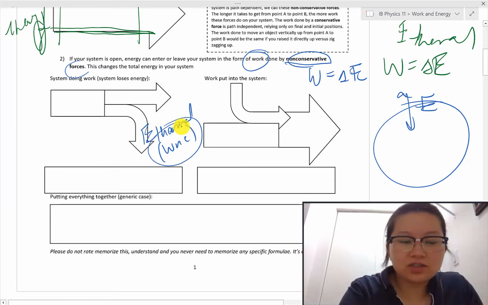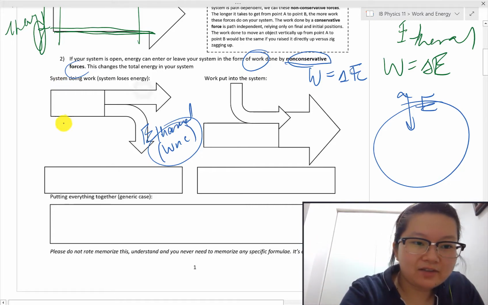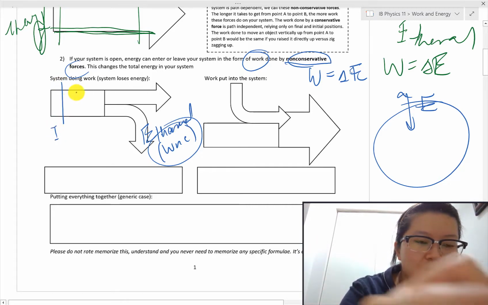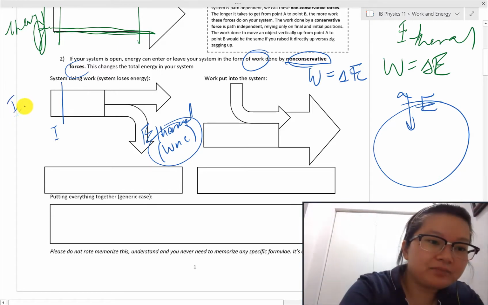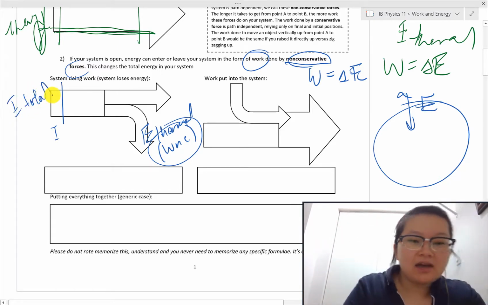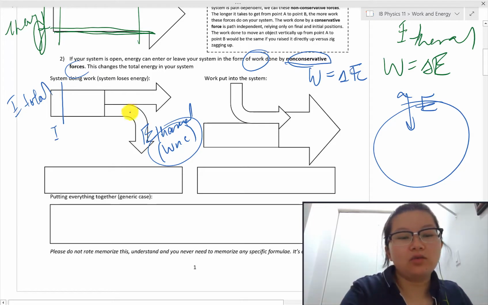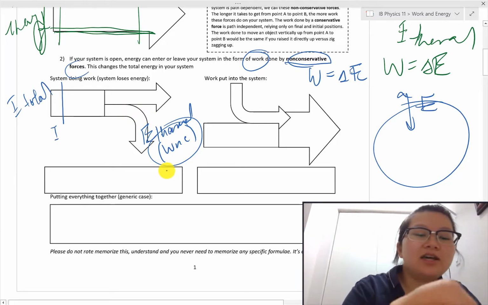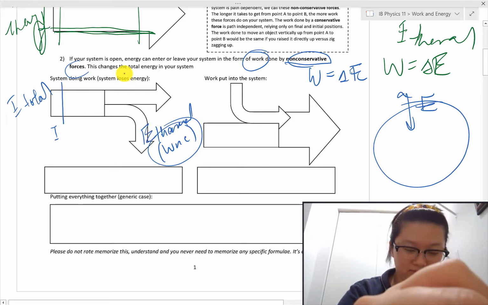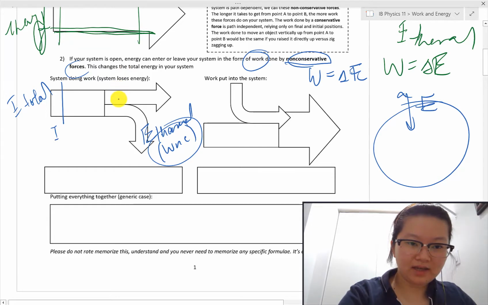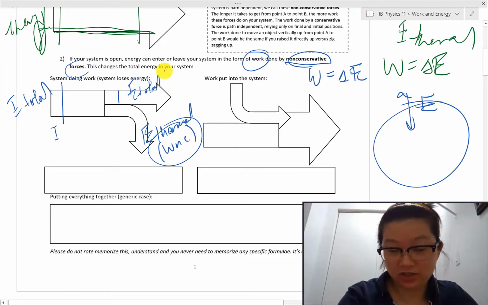So here, let's just go through this arrow. We have some initial state in which we have some total energy in our system, and after our system does work in the form of friction, it loses that amount of energy, and it is left with some total mechanical energy final.